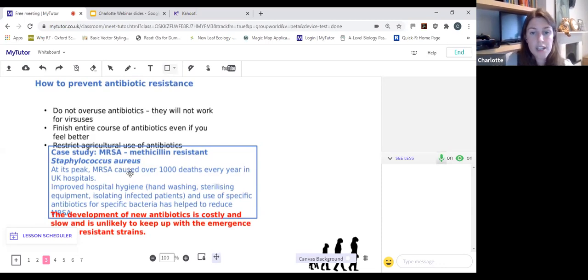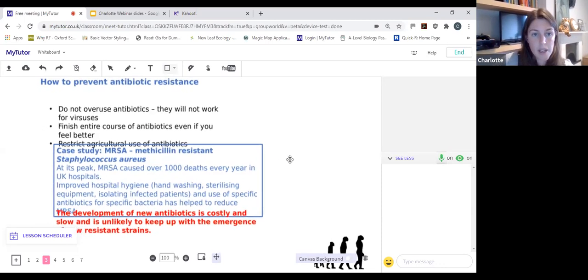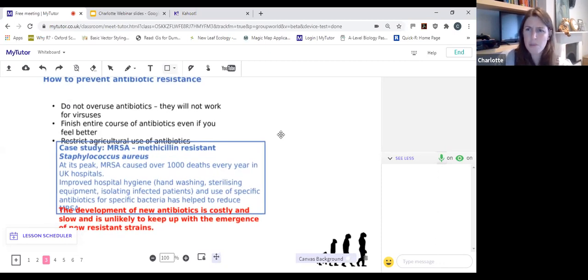Really, I've put a little case study up here of MRSA. I don't know whether any of you would have seen, but MRSA was a real problem in hospitals around 2000 to 2010, I think. I remember it being in the news. And MRSA is a bacteria called methicillin-resistant Staphylococcus aureus.